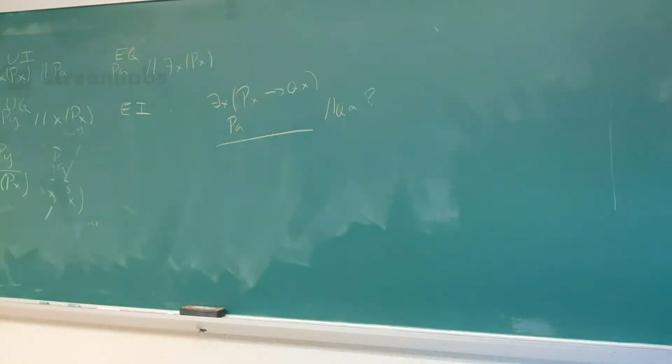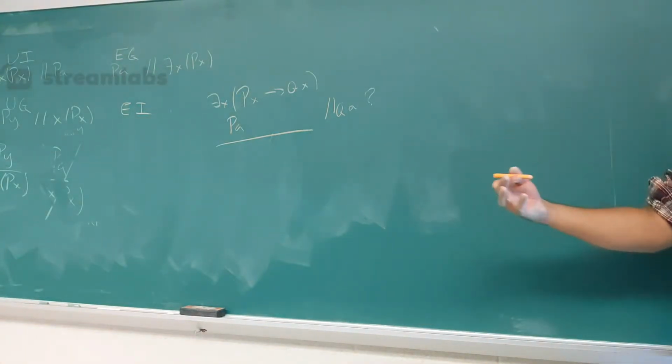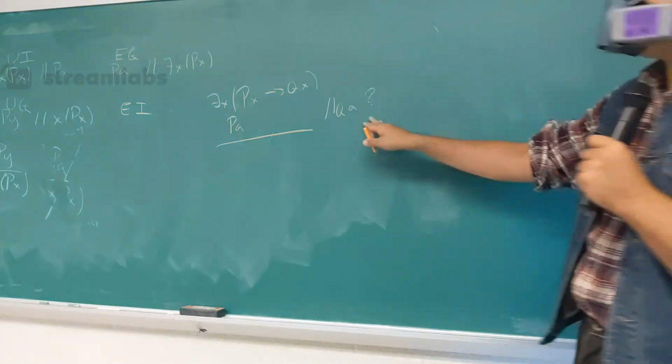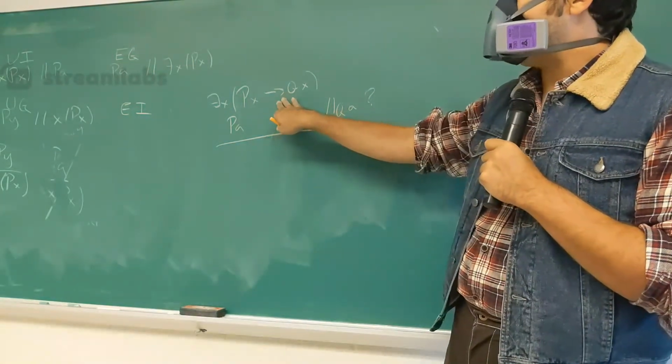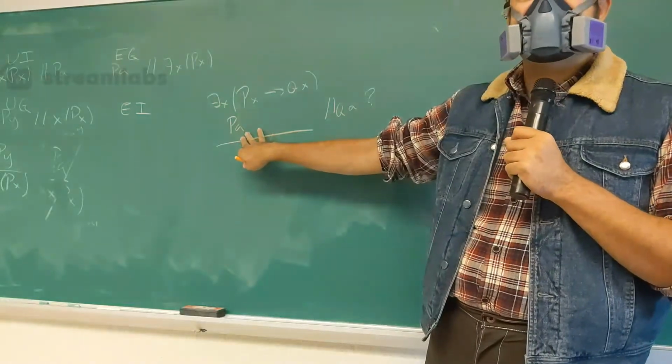Why not? Because I read 8.2 and it says that you can't use instances already in the problem. Okay, good. So with existential instantiation, the restriction we're going to put on is that you can't instantiate to a name that already exists.